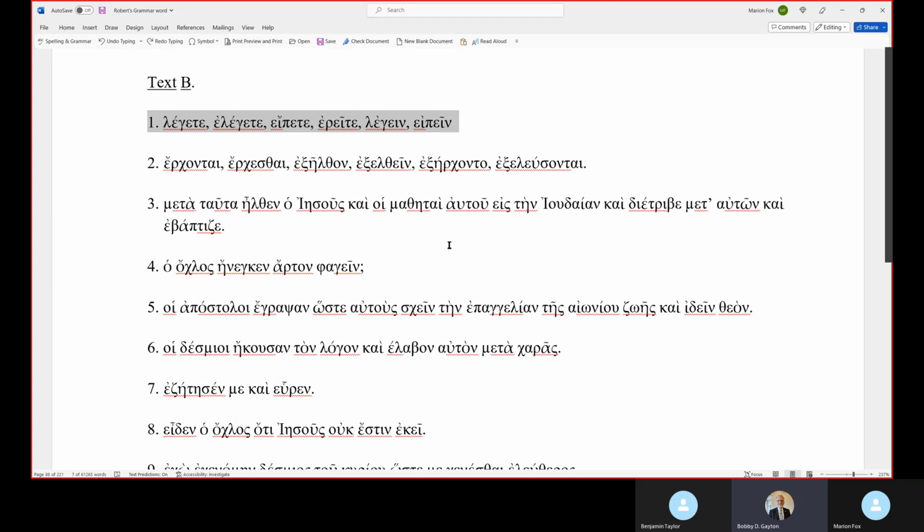Is that right? No, not middle. Not the first one. It's present. It's the same spelling as imperative. Yeah, but we haven't covered imperative. Yeah, I know. Mr. Bobby, you're right. Well, I had to look that word up.